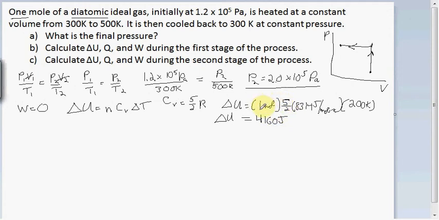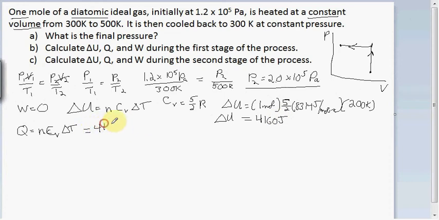Then Q, at this point, there's actually a couple different ways we can get Q. One is to recognize that because this is a process at constant volume, we can write Q is equal to n C sub V delta T. And since we just calculated n C sub V delta T, notice it's also equal to delta U. So we just calculated that already.